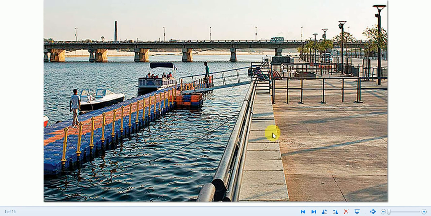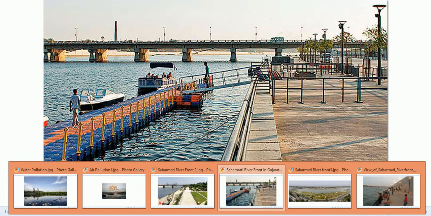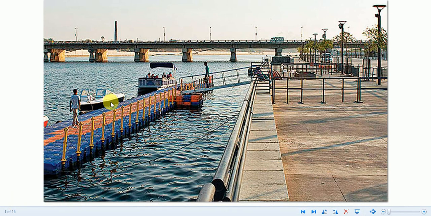Here a boating facility is there. That is what I told you, that the riverfront is lined with marinas. Here is a small dock providing boating facility. If we do like this, then river pollution may be checked, if it is developed as a tourist spot.